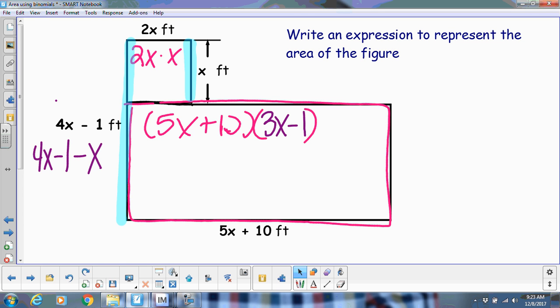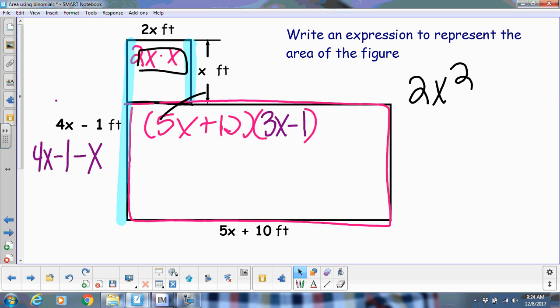You have to get it. You got to add that to the 2x squared, right here. 2x times x is going to give me 2x squared, right?